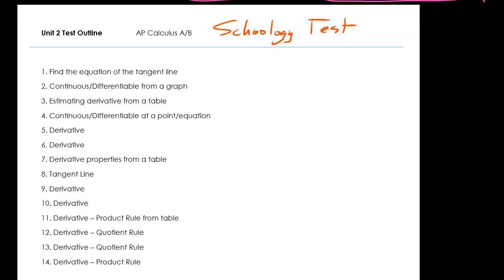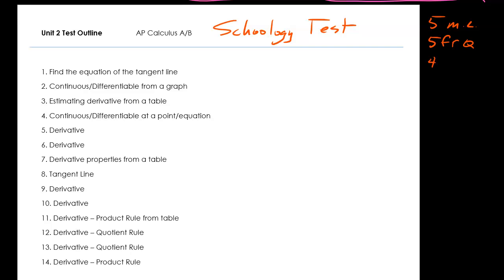Okay, for the test itself, there are going to be 5 multiple choice. There are going to be 5 free response, where you have to show all work. So FRQ, whatever you want to call those.